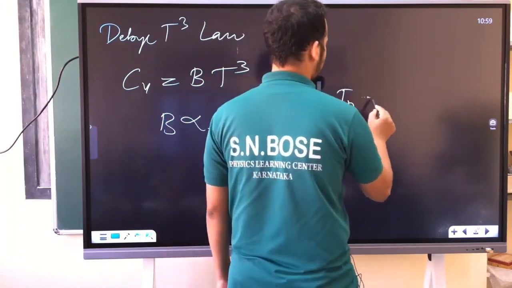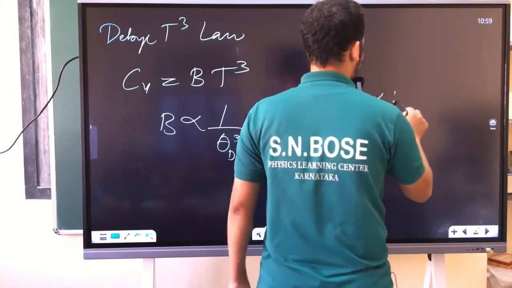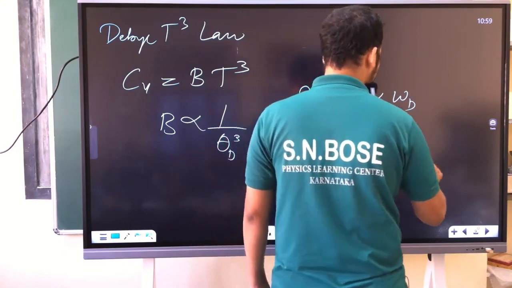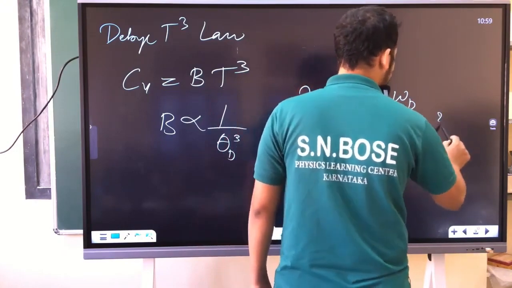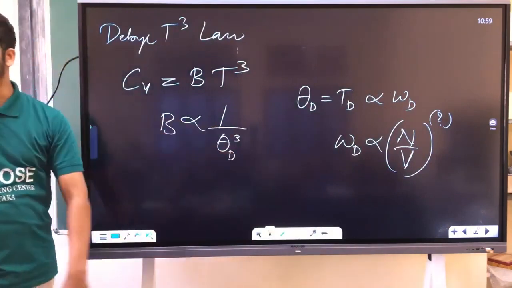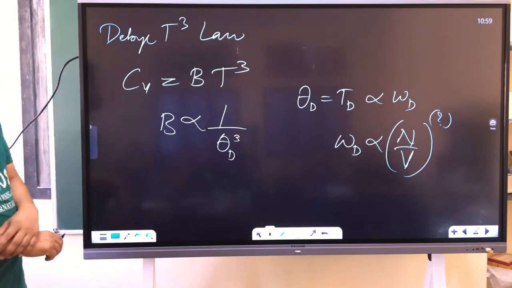Theta D means TD. Somebody correct me if I'm wrong. That is again proportional to omega D, and omega D is proportional to n by v power something, 1 by 3 in the usual Debye theory. Usual Debye theory means they will not change the dispersion relation; otherwise everything will change.